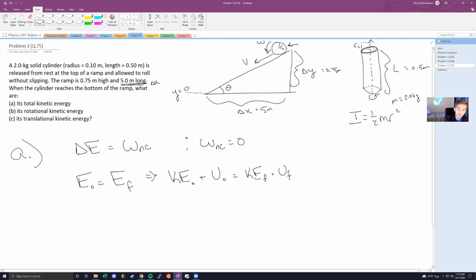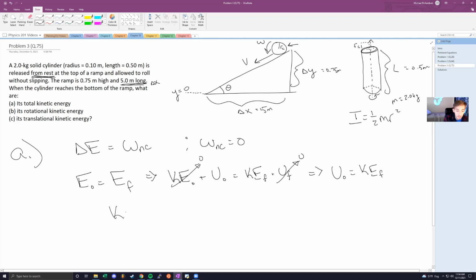Well, if we're going all the way from the top, from rest, all the way to the bottom with the zero potential, then we see that our final potential is going to be zero and our initial kinetic energy is going to be zero. And we're left with the relationship that our initial potential energy is going to be equal to that of our final kinetic energy.